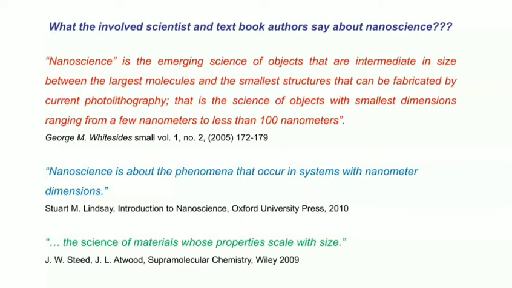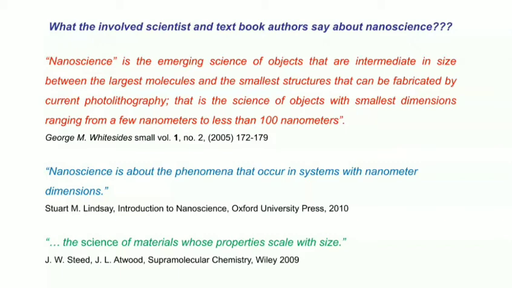He says that nanoscience is about the phenomena that occur in systems with nanometer dimension. Okay, so the phenomena or the science that is coming out from the system, when the dimension of the system lies in the nanometer scale, that is called nanoscience.